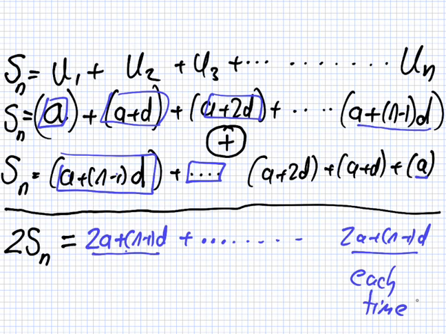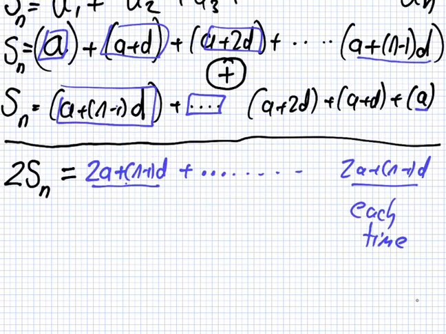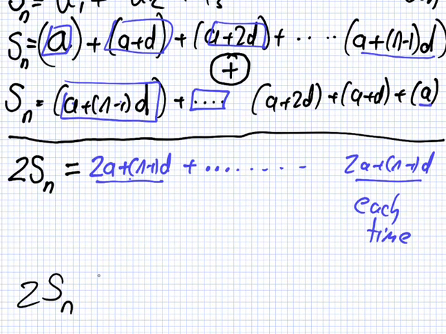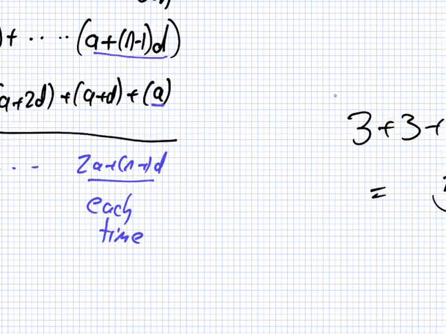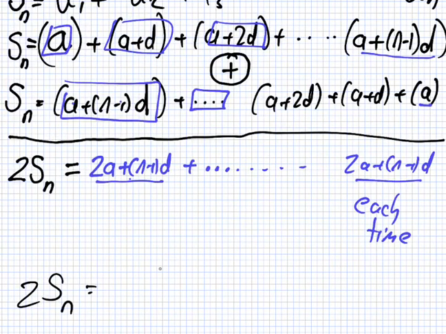And that's really, really useful because if this number is always the same, there's a quick way to add them together. Let me give you an example here. If I said 3 plus 3 plus 3 plus 3 plus 3, that's the same as 5 multiply 3. Make sense? So what about here?